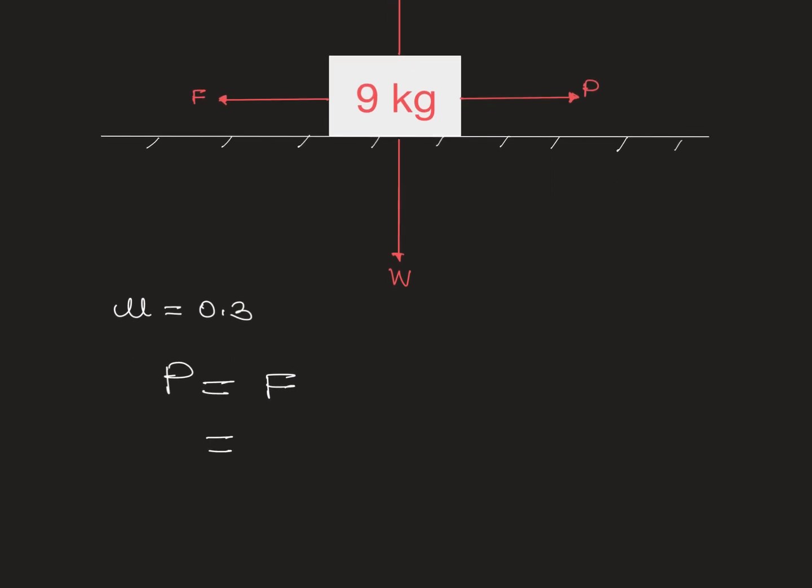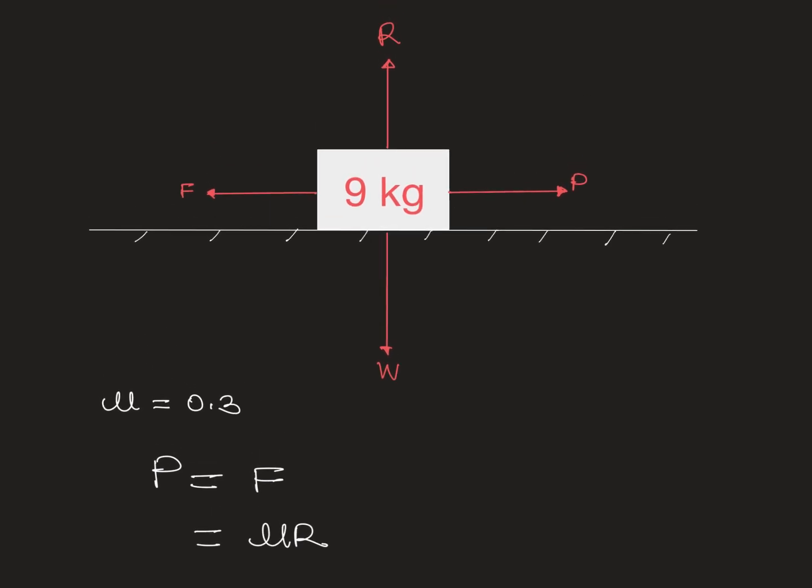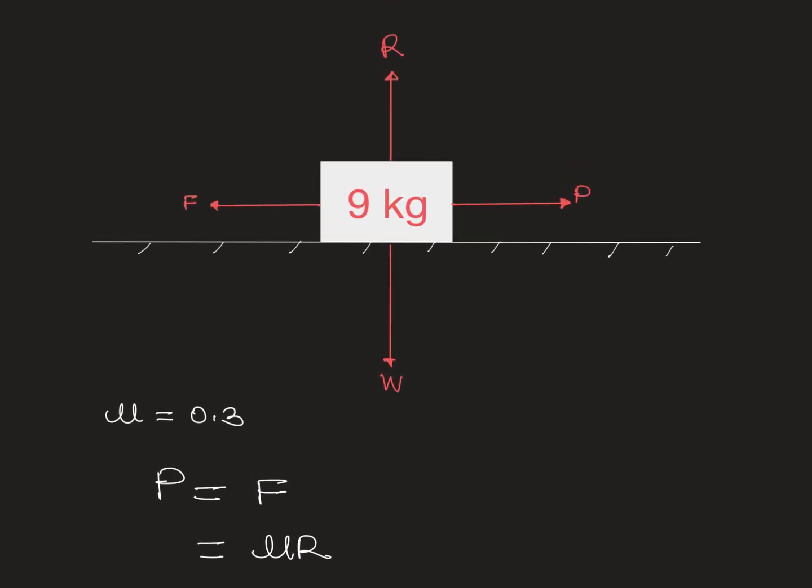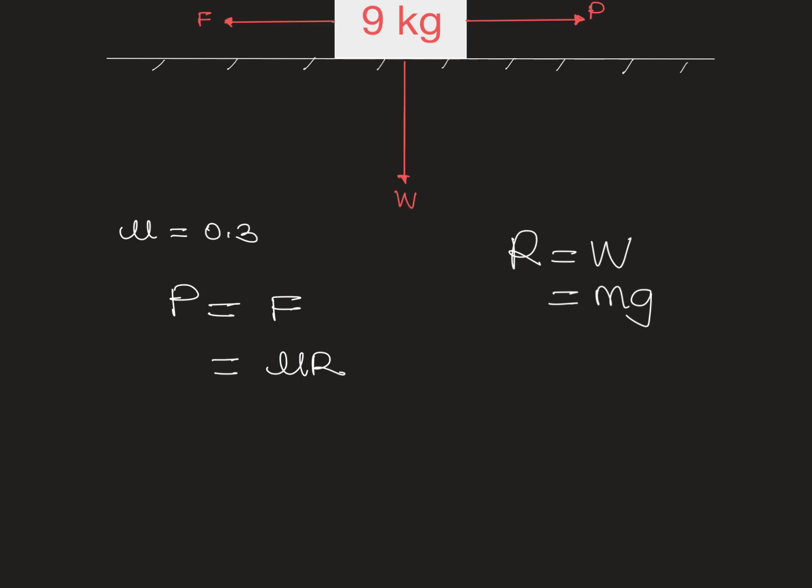We know that frictional force is equal to mu R. If we do not have any other force, R will be equal to the weight, and the weight is equal to mass times gravity. Therefore, the applied force is going to be mu mg.